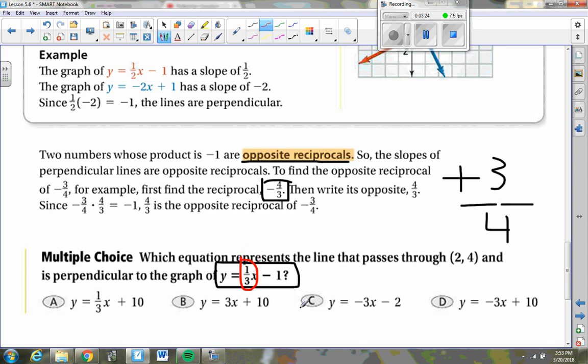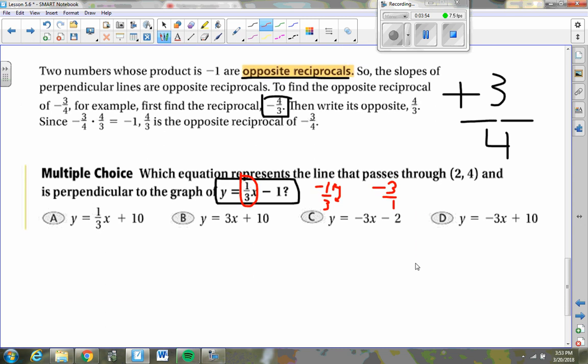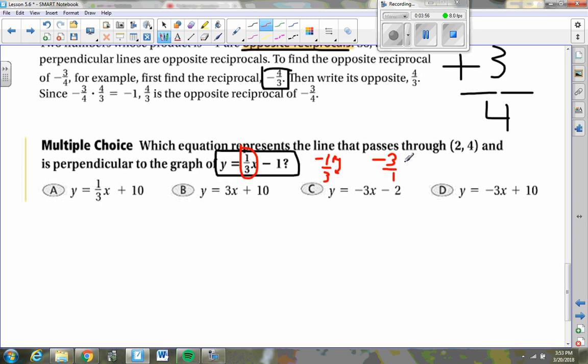If I take 1/3 and make the opposite reciprocal, first I will make it negative, and then I will flip the top and the bottom of the fraction. So instead of 1 over 3, I'm going to have negative 3 over 1. Of course, over 1 doesn't really mean much, so I can just write my slope as negative 3.